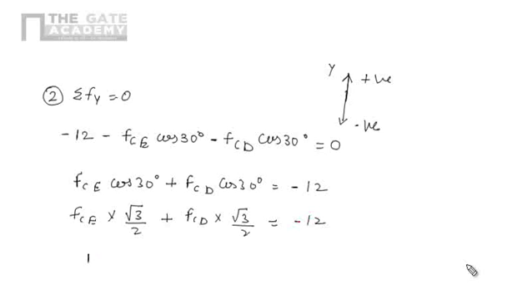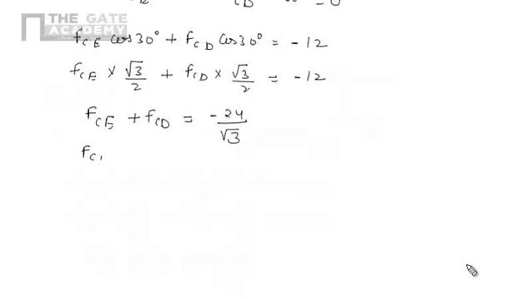So this will come: FCE plus FCD should be minus 24 by root 3. So now we are having two equations: FCE plus FCD equals minus 24 by root 3, and FCE minus FCD equals 60 by root 3.